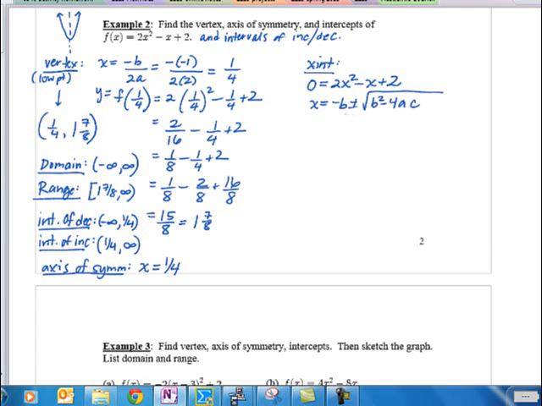So we have, in this case, 1 plus or minus b squared would be negative 1 squared, so 1 minus 4 times 2 times 2.